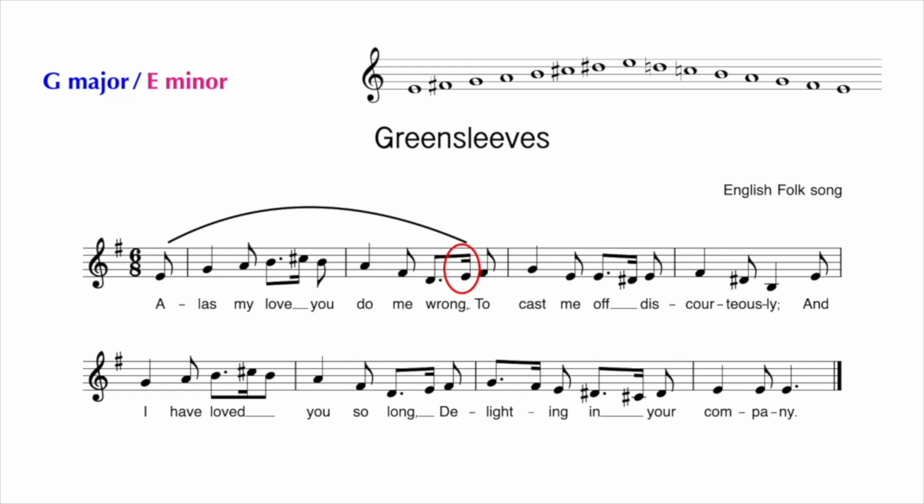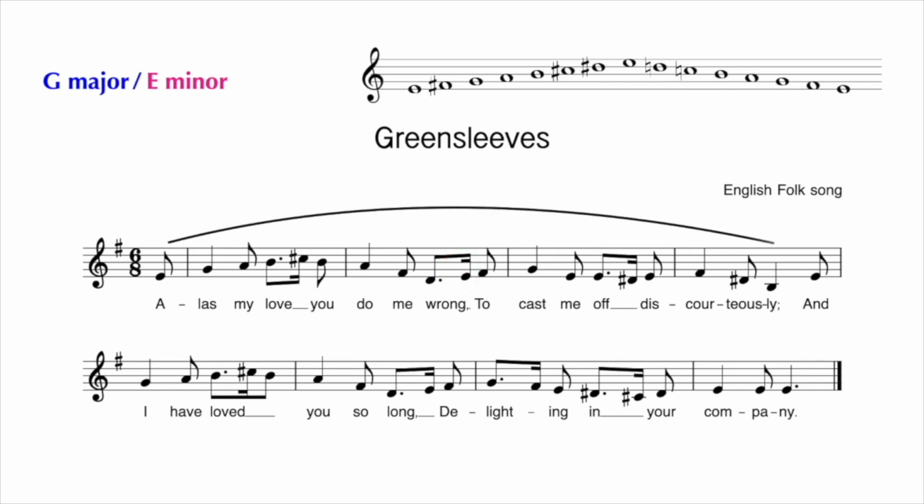But since the semiquaver is rather short, I will treat it as a subphrase and make "Alas" to "discourteously" as one complete phrase. The first note of the first complete bar is G, which is tonic for G major or mediant for E minor.